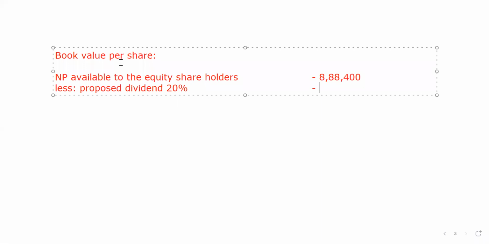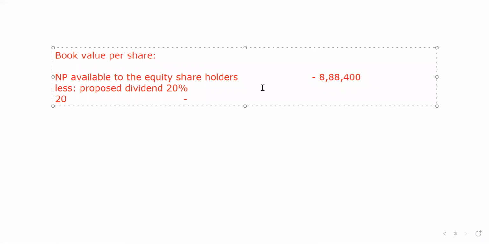So 20% of 30 lakh will be given as the dividend. What is 20% of 30 lakh? 6 lakh.